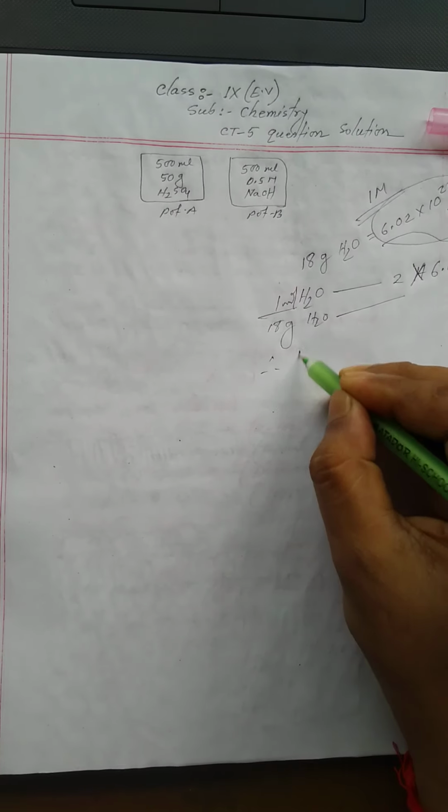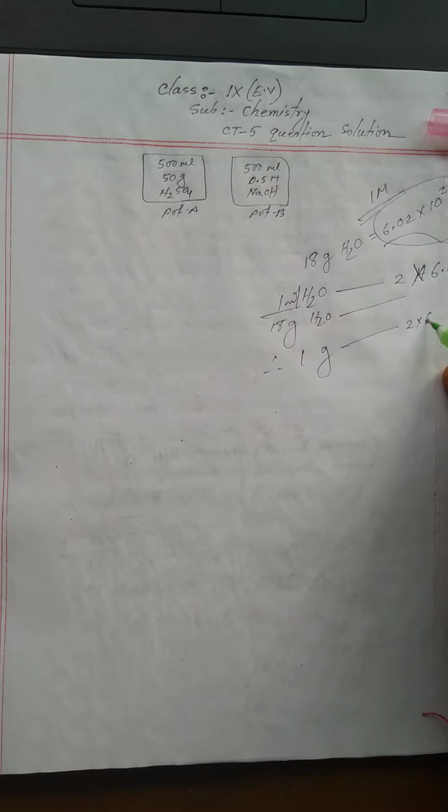Then 1 gram H2O contains 2 into 6.02 into 10 to the power 23 divided by 18, and the answer will be the number of hydrogen atoms in 1 gram H2O.